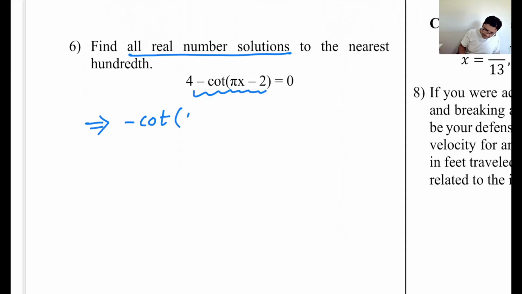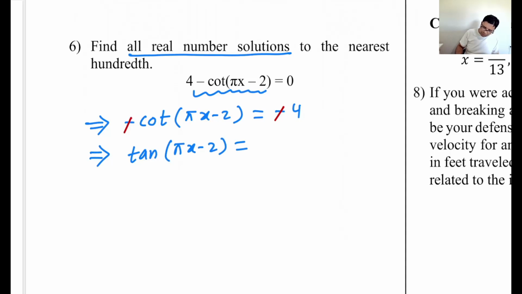Negative cot of pi x minus 2 is equal to negative 4. Take the 4 to the other side. Both sides are minus, you cancel them. I just do that mentally. And I need to convert in terms of tan for convenience. Tan of pi x minus 2 will be equal to 1 over 4.